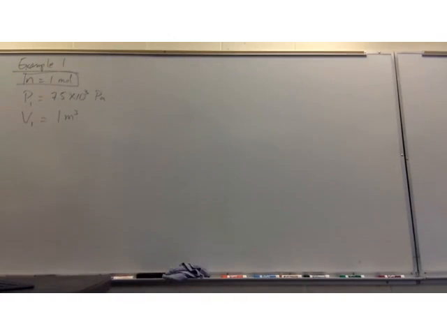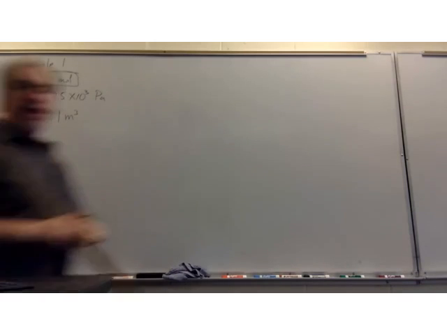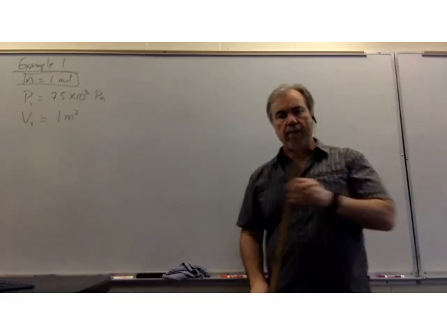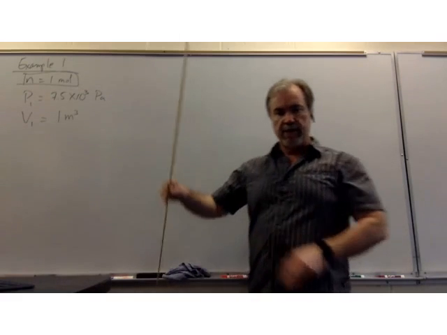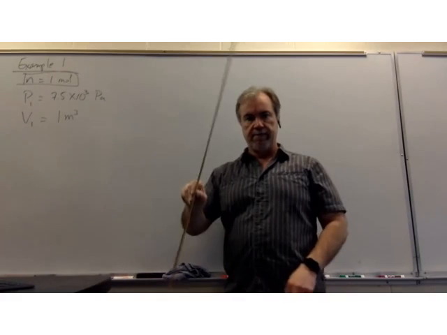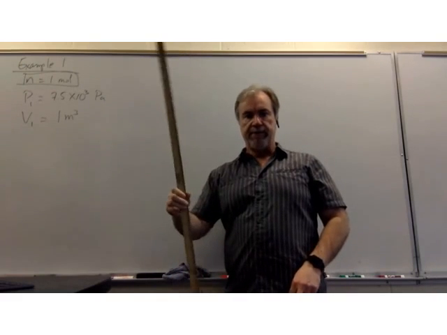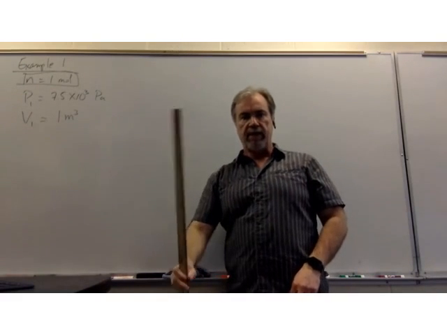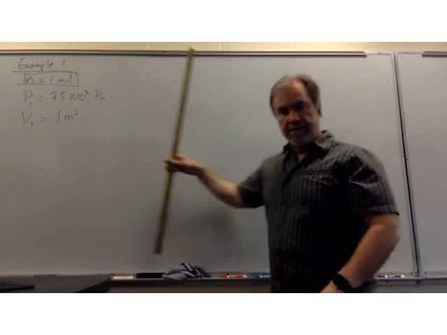It's worth going off camera here. I want to show you something, and that is how big 1 cubic meter volume is. 1 cubic meter is literally, so this is a meter stick, so you can't even see the whole thing.